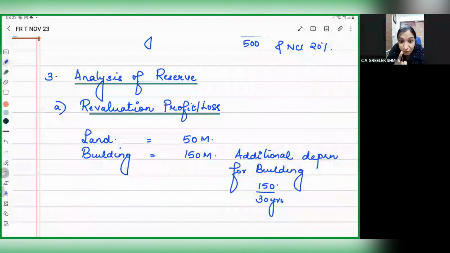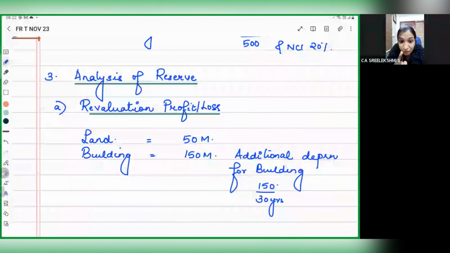Plant and equipment having a carrying amount of 600 million had an estimated fair value of 700 million. So plant and equipment also has 100 million profits. The estimated remaining useful life as on 1st April 2011 was 4 years. None of this plant and equipment had been disposed of between 1st April 2011 and 31st March 2014. Okay. So I'm just writing plant.